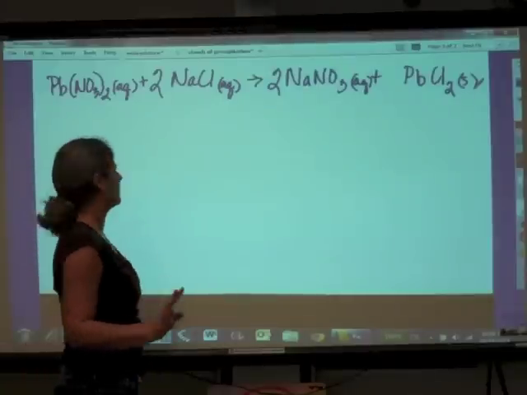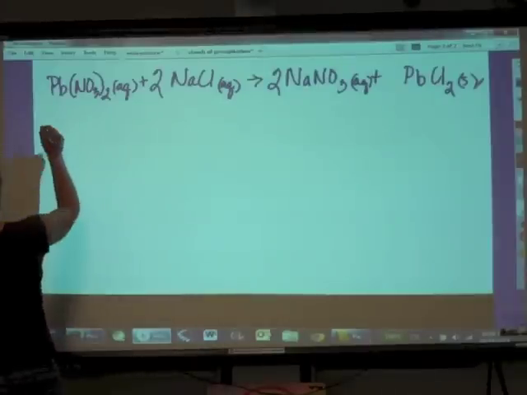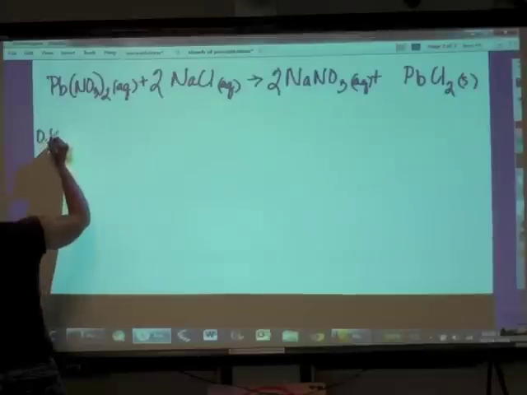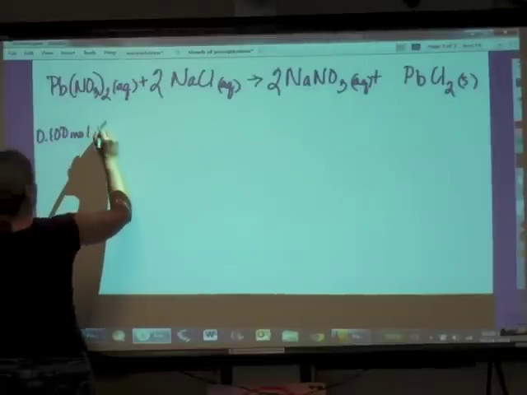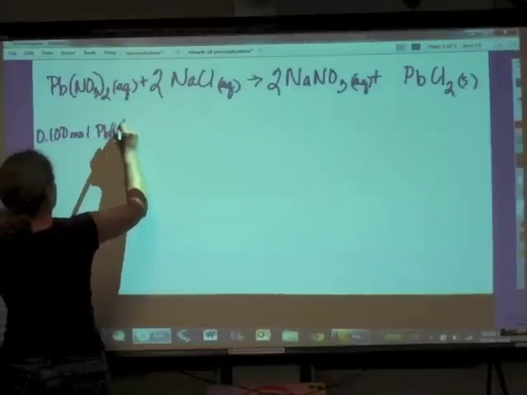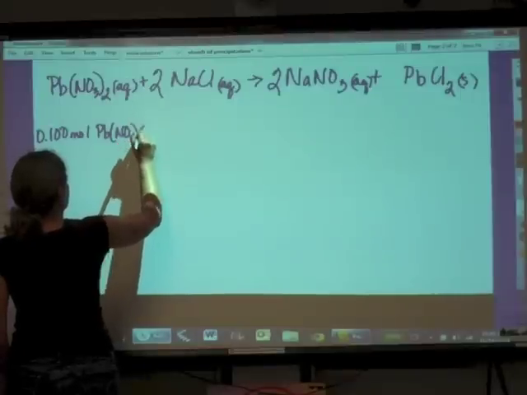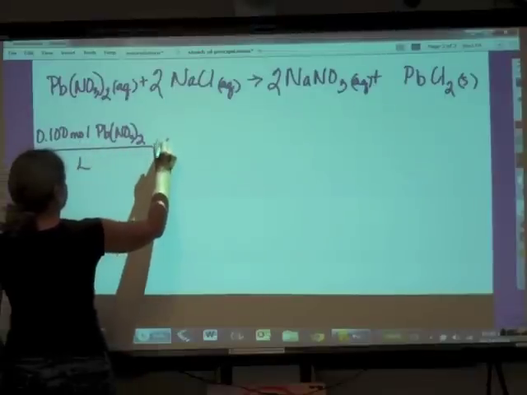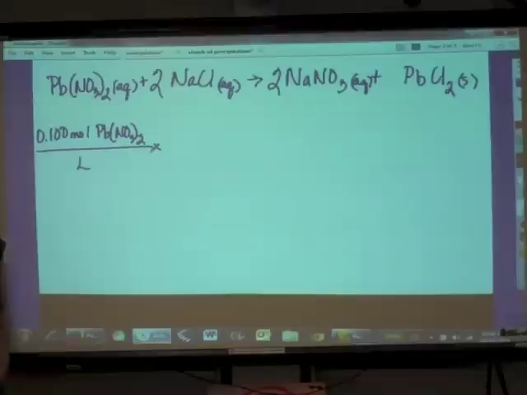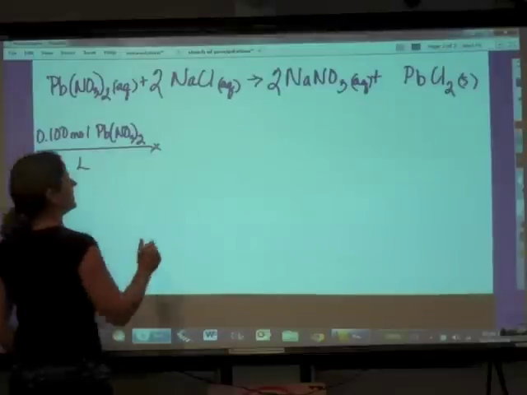So we're going to start with that. We have 0.100 moles of lead-2 nitrate per liter. And how many liters of lead-2 nitrate do we have? We have 1.5 liters of it.